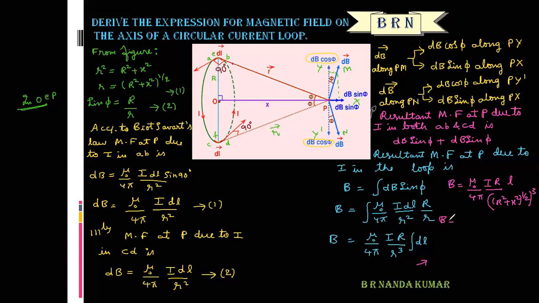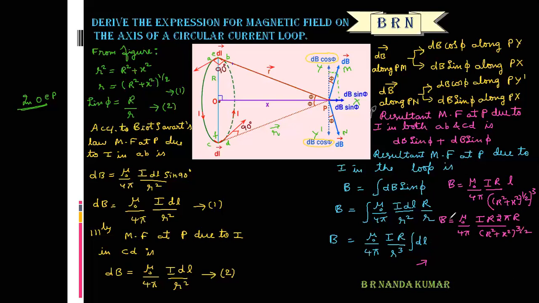So B is equal to mu naught divided by 4 pi I R. So L is the length of the loop, that is 2 pi R, divided by (R square plus x square) whole power 3 by 2.